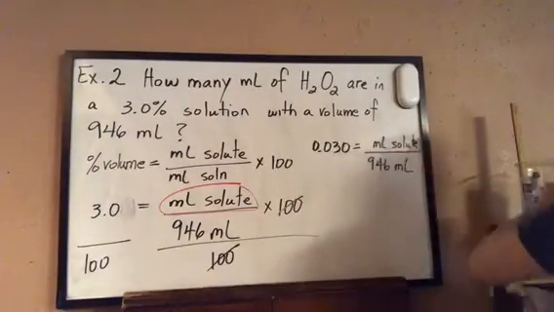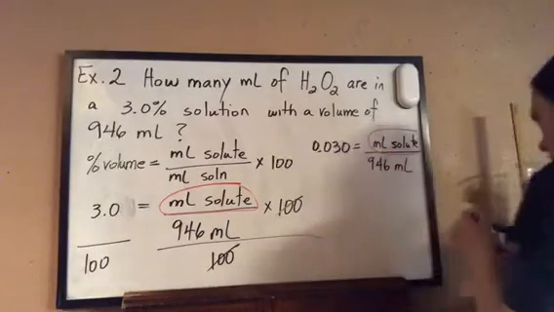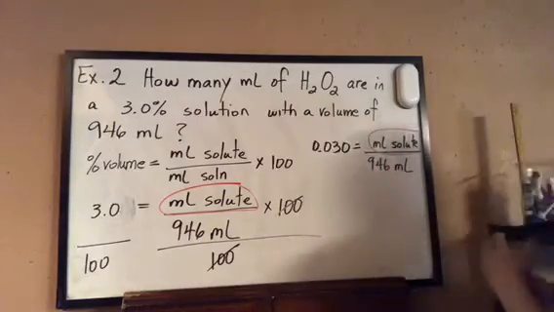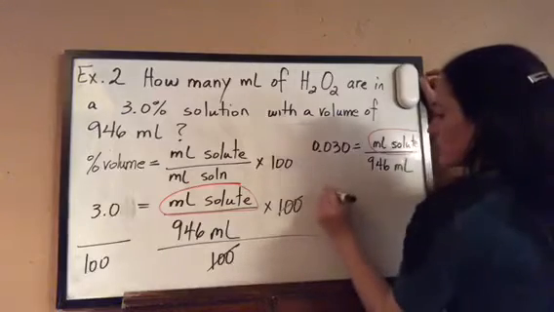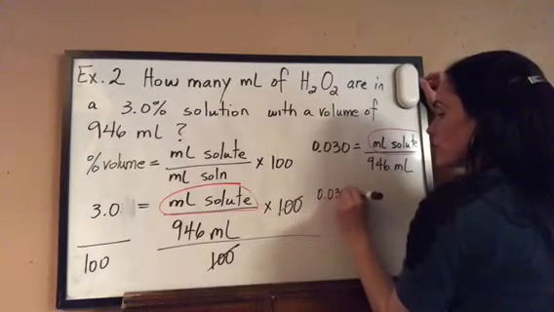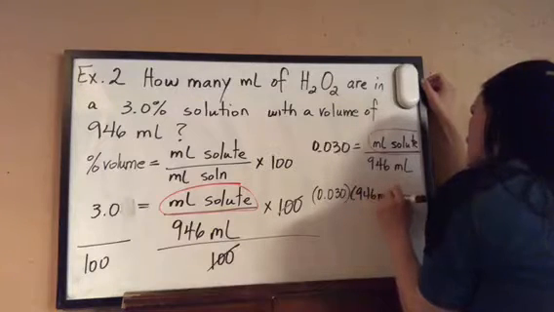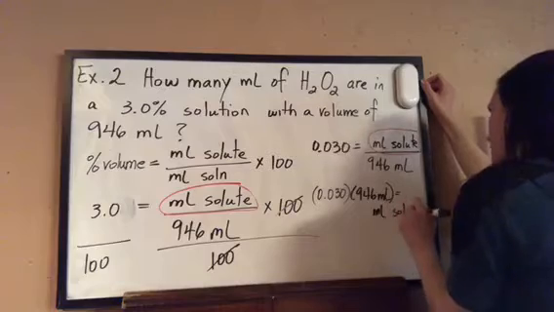Now we need to solve for milliliters of solute, which is in the numerator. You can think of it as cross multiply, or you can do reciprocals, however you want to do the math, but ultimately it comes down to 0.030 times 946 milliliters to give you the milliliters of solute.